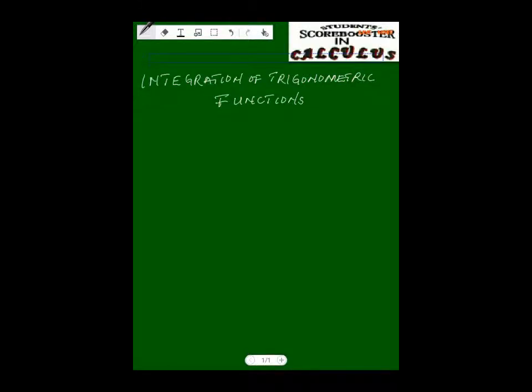Derivatives of trig functions, and now we are also going to look at the integral of trig functions.